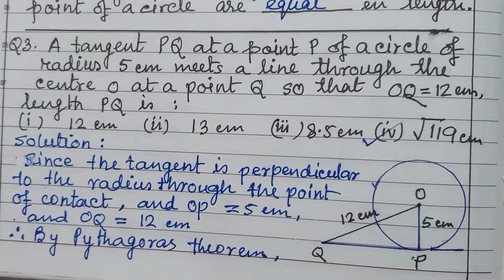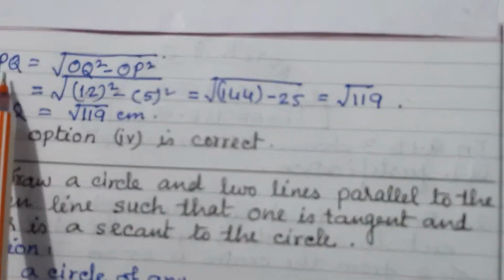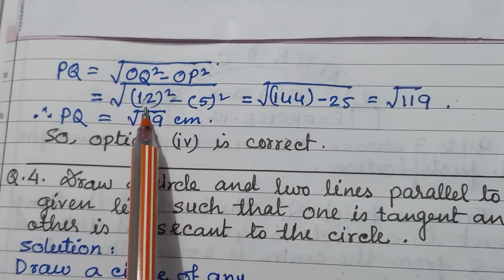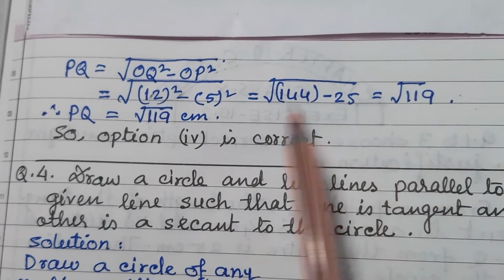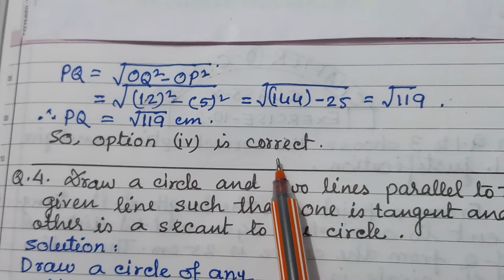So PQ is equal to under root OQ square minus OP square, which is under root 12 square minus 5 square, which is under root 119 centimeter. So the answer is the fourth option.